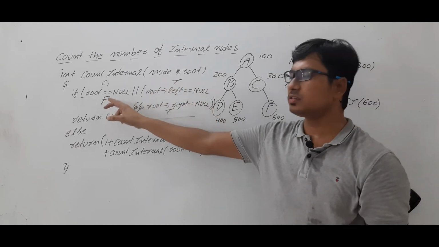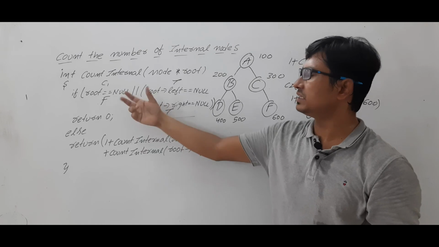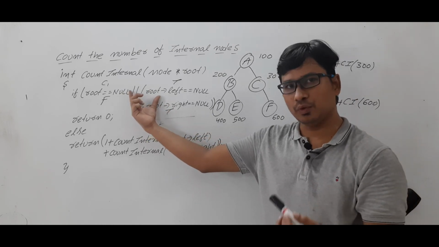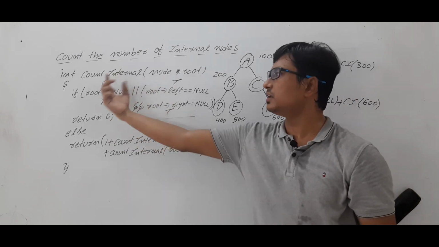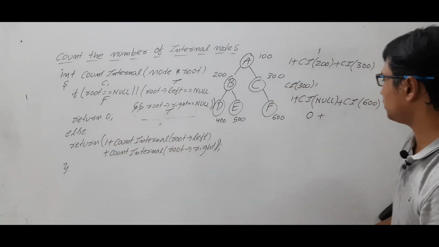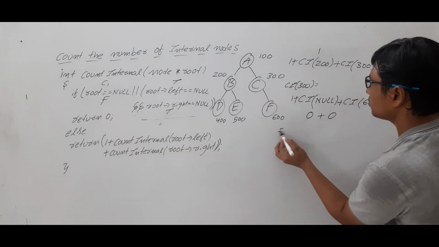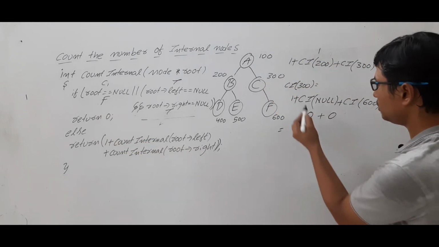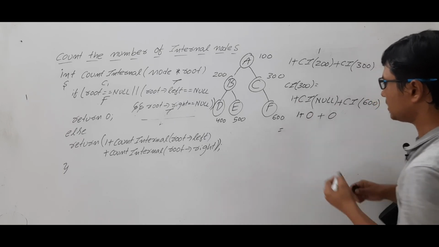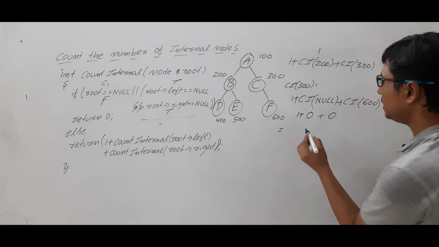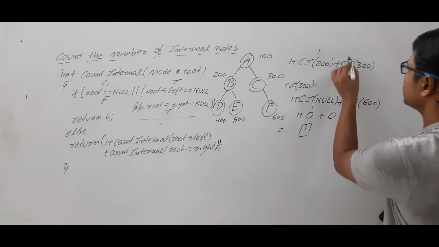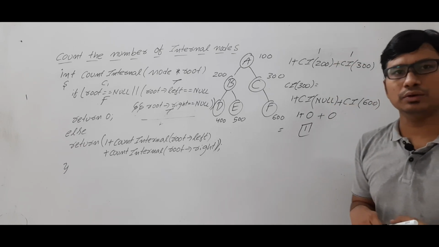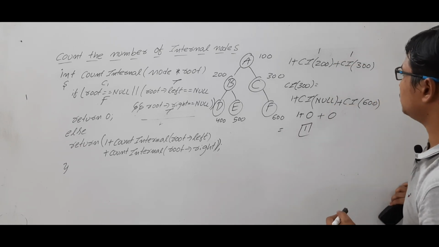Even if this is false, because this is true, it is a logical OR operator, any one condition is true, this entire condition will be true and it will return the value 0. Are you able to understand it or not? So this is 1 plus 0 plus 0, it will return the value 1. So count internal nodes 300 will return me the value 1.